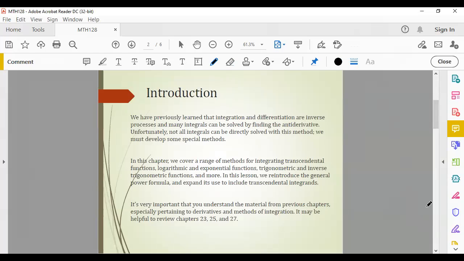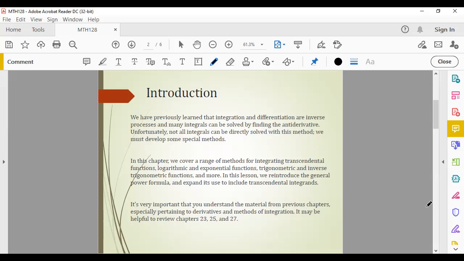Okay, so this just mentions that integration and differentiation are inverse processes, although ironically, or does it count as irony? In reality, integration was actually invented first, or I should say discovered first, and then derivatives came a lot later. Then Isaac Newton, a physicist and mathematician, discovered the fundamental theorem of calculus, which basically says that derivatives and integrals are reverse processes.